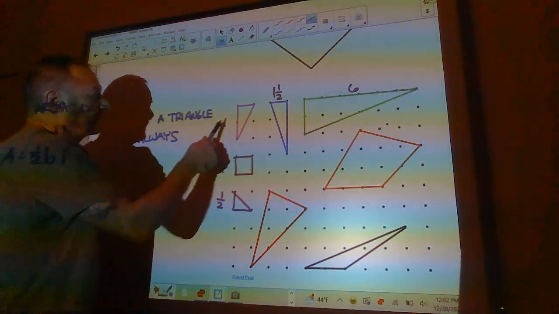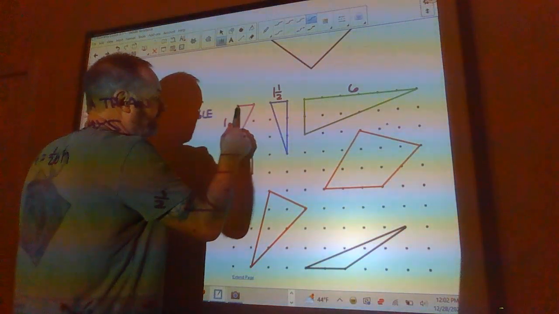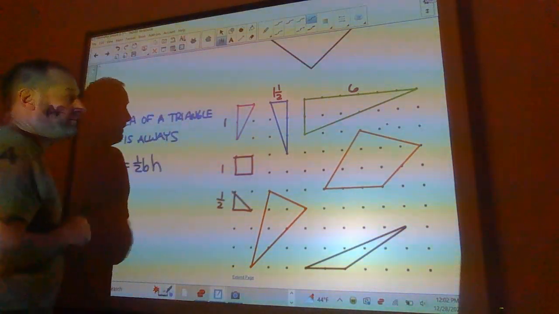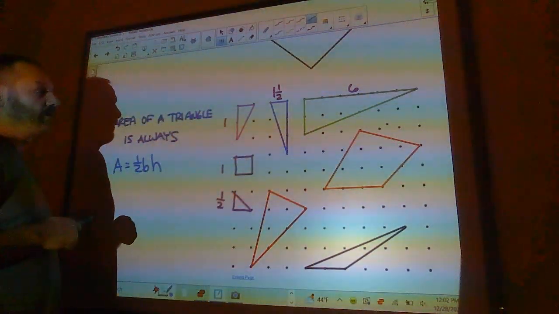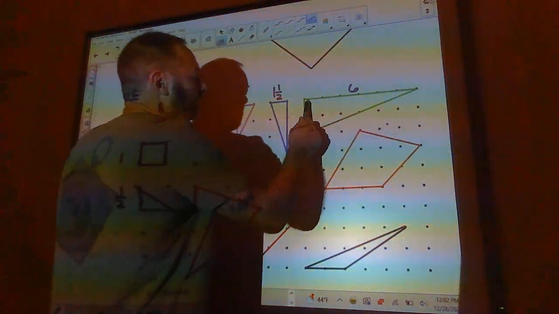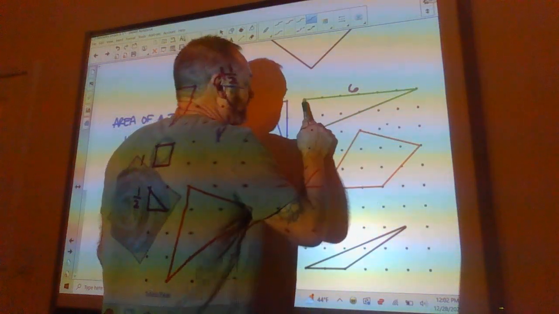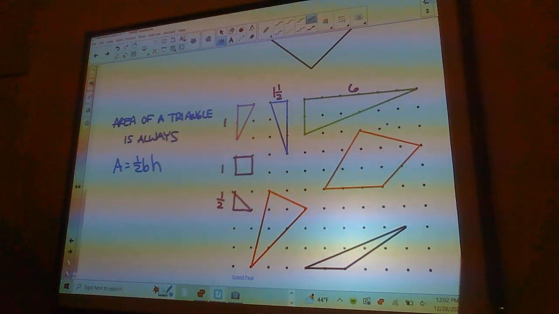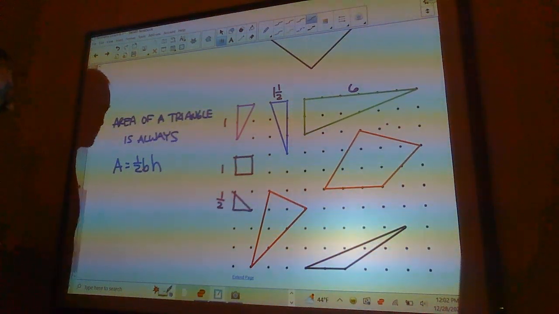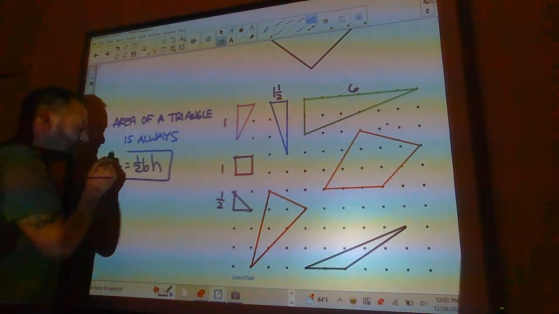So if you look here, we said this was 1, that'd be half of 1 times 2 would be 1. This would be 1/2 of 1 times 3 would be 1.5. This would be half of 6 by 2. That'd be half of 12, which is 6. So I can find the area of any triangle using this formula right here.